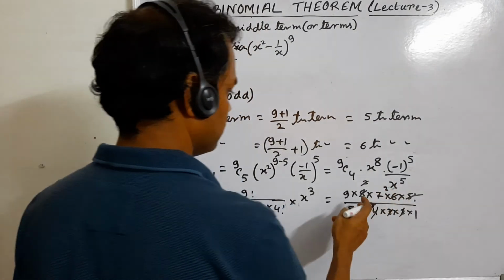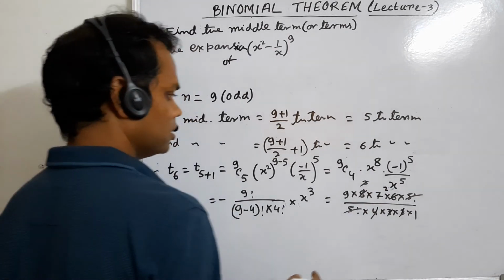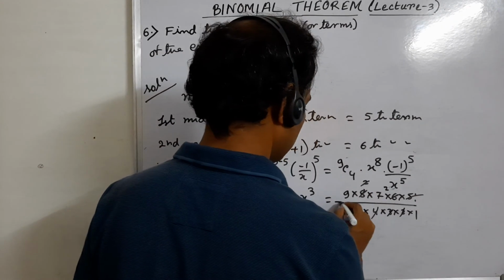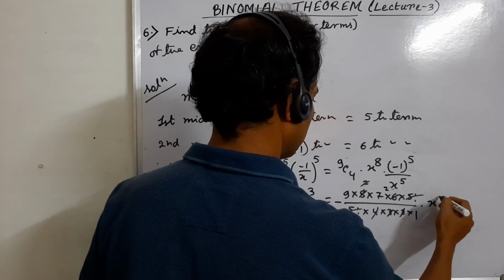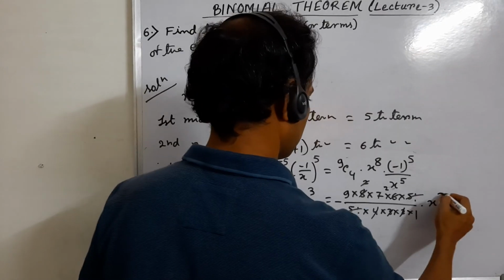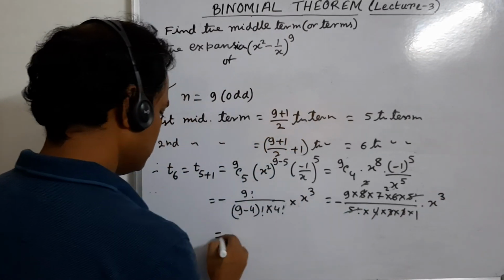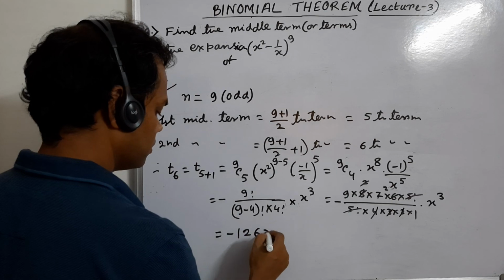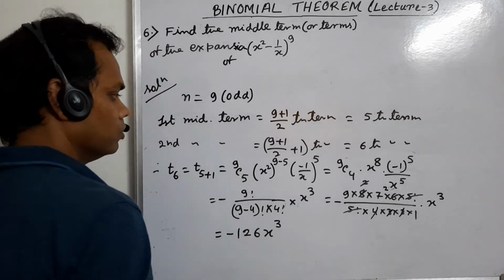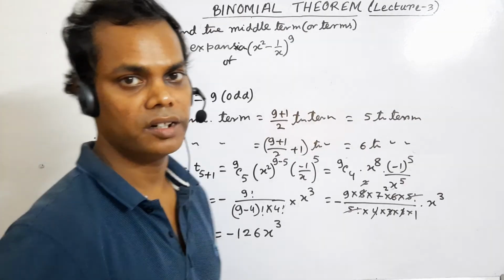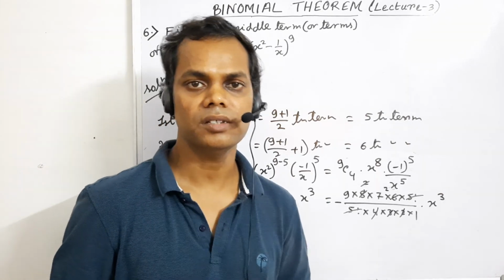So 9 sevens are 63, 63 into 2 is 126. So minus 126 into x to the power 3. So the final answer is minus 126 x to the power 3. Those two are the middle terms. In the next video on this topic we will discuss a few more sums.